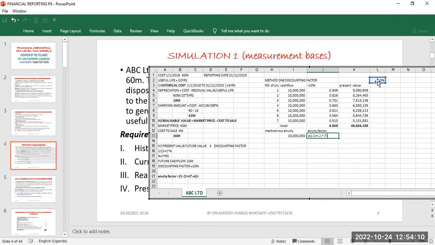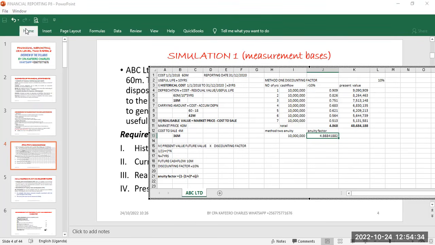Then you close that bracket. We divide by this. When you press enter, it will give you exactly this figure you're seeing here. That's what I've been talking about.